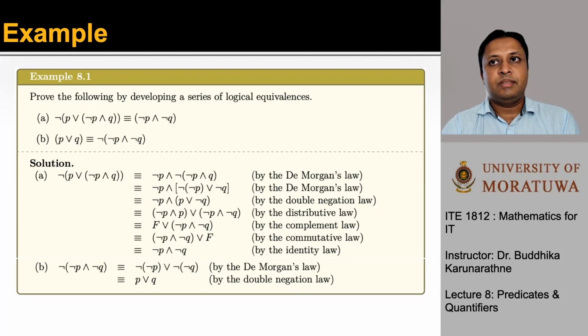So let's first look at part A, trying to prove that statement. We need to take it step by step and apply different laws at different steps. The first step would be to apply De Morgan's law for the statement given on the left hand side. Applying De Morgan's law, you will get negation of P, conjunction, negation of P conjunction Q. And also in the second step, you can apply De Morgan's law.